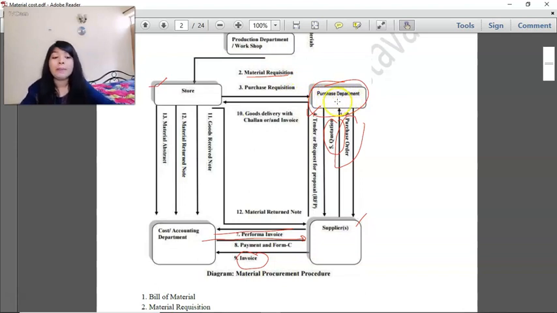Then what happens after that, the purchase department will deliver the goods with challan or invoice to the store.